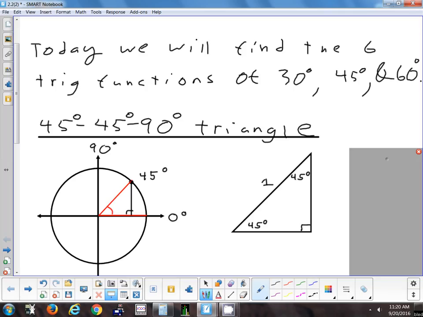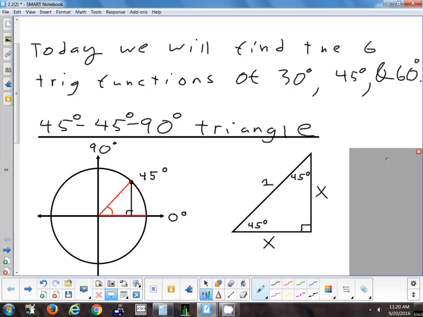You could use any letters you want, but I wouldn't use a different letter for the bottom and a different letter for the height. How come? They're the same, right? So whatever letter you use for the base, use that letter for the height, because they are the same. So if you want to use x or y, the letter doesn't really matter. We'll just use x.